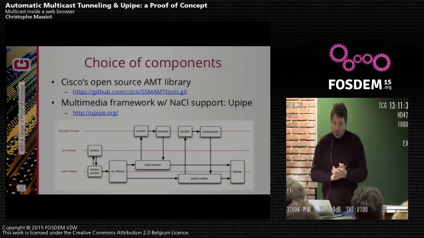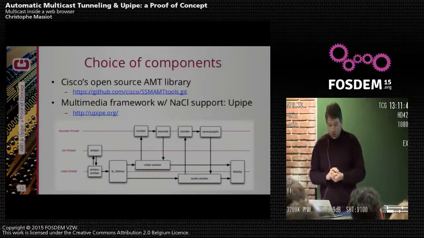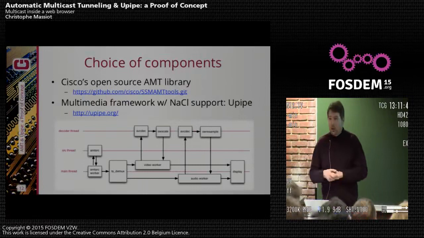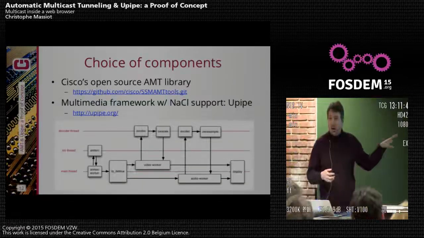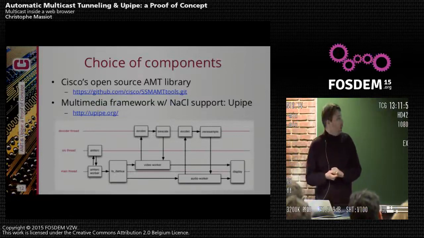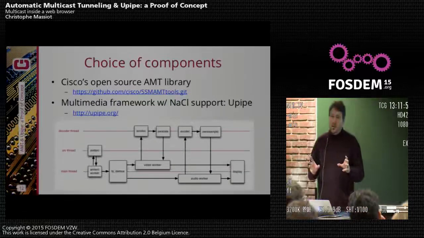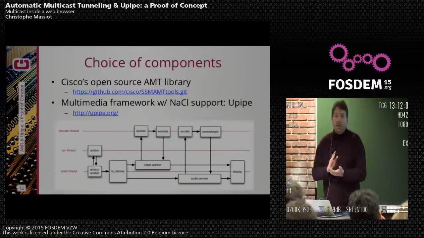So for the web browser, we have PPAPI. The other component we've used is Cisco's open source AMT library. I think it's BSD licensed. You can download it on GitHub. The slides are available on the FOSDEM website if you want. The AMT library is written to mimic the standard BSD socket API.